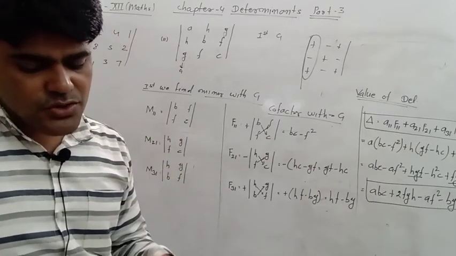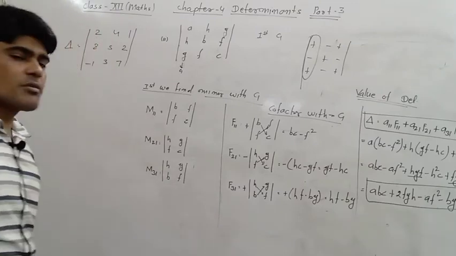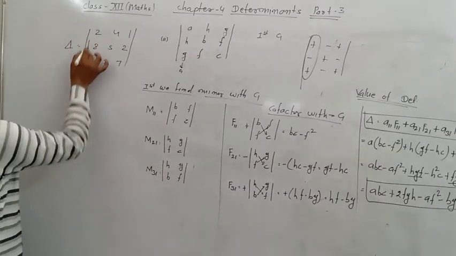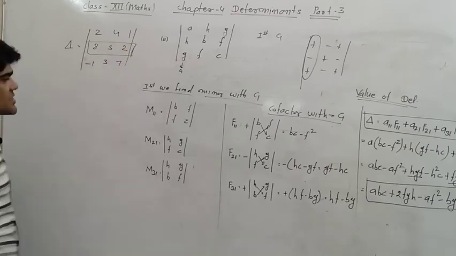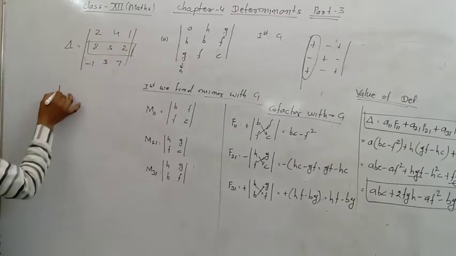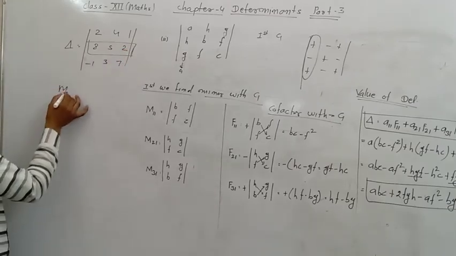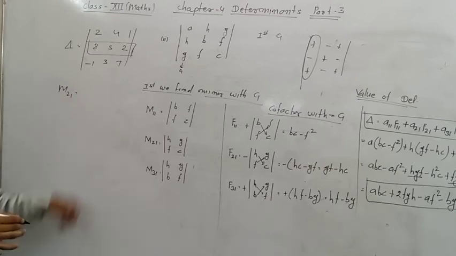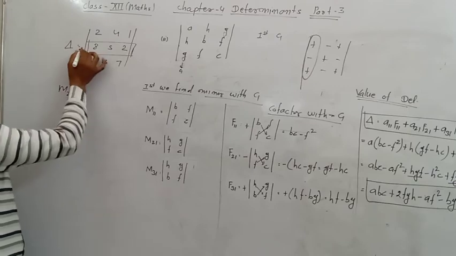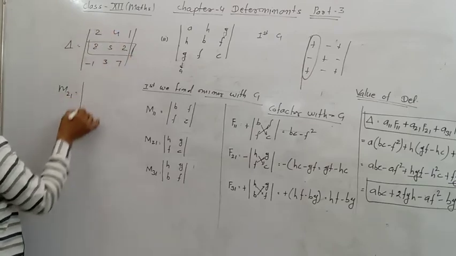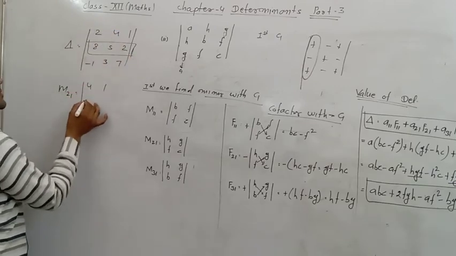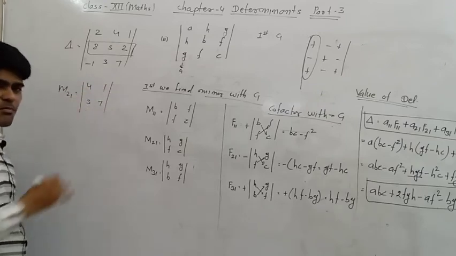Means, using the second row, we find its cofactors and minors. This is the second row. First we find minor M21, for element 8. We remove this row and this column, then its minor is 4 1, 3 7. Simple.